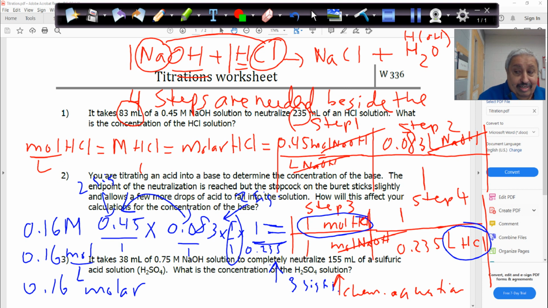You multiply it by the amount used to reach the endpoint, which is 83 milliliters converted into 0.083 liter. You just multiply the molarity by the volume, which gives you a number of moles. Then you go to the equation, step 3. You look at the moles of the acid to moles of the base; the acid is the unknown, the known is sodium hydroxide. You cancel the moles of sodium hydroxide, and then you divide the whole thing by the liters of HCl.